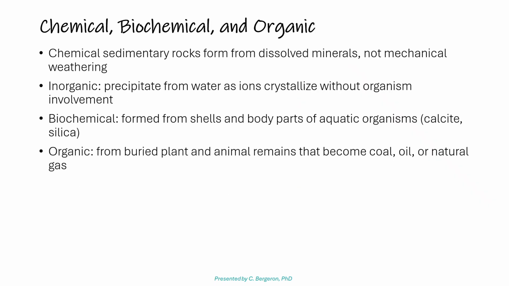Your chemical sedimentary rocks are formed by processes that are not directly involved with mechanical weathering and erosion. So chemical weathering can contribute to the dissolved materials in the water that ultimately form these rocks. You have biochemical and organic sediments.